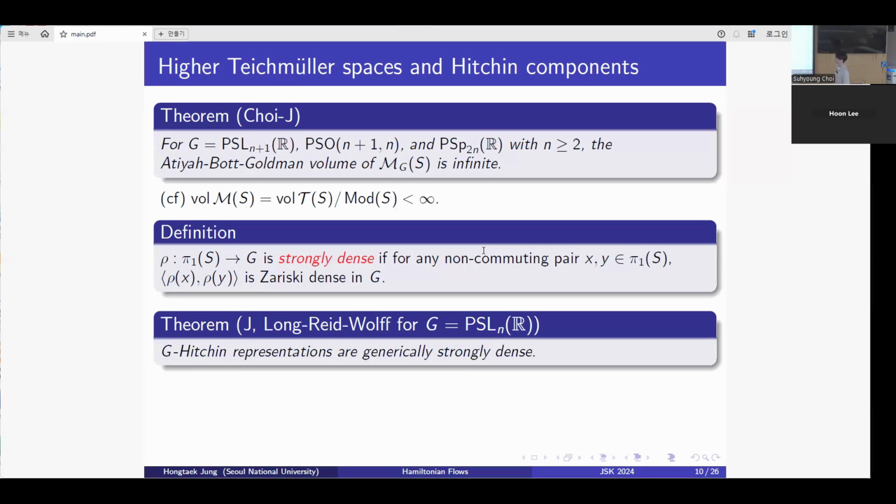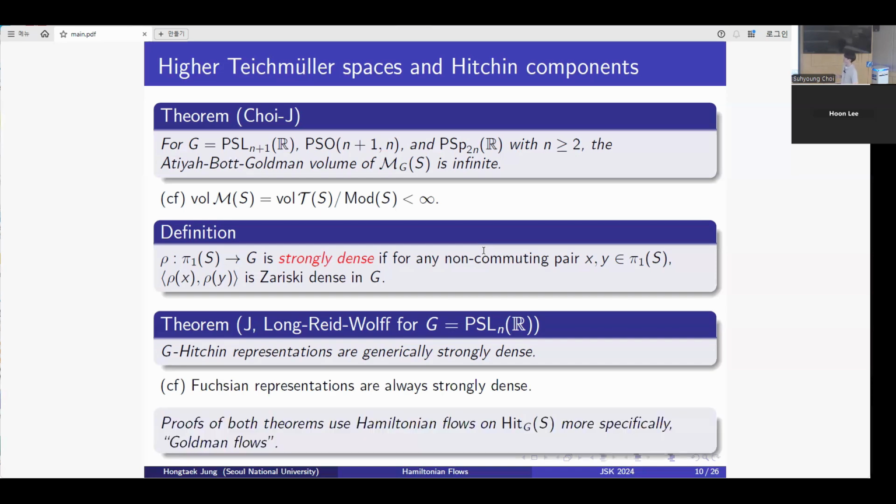And this is a kind of generalization of Long, Reid, and Wolff. They proved that PSL nR Hitchin representations are generically dense. As a comparison, Fuchsian representations are always strongly dense. So we don't have always, but generically they are strongly dense. Okay, those are the 2 theorems that I want to mention.